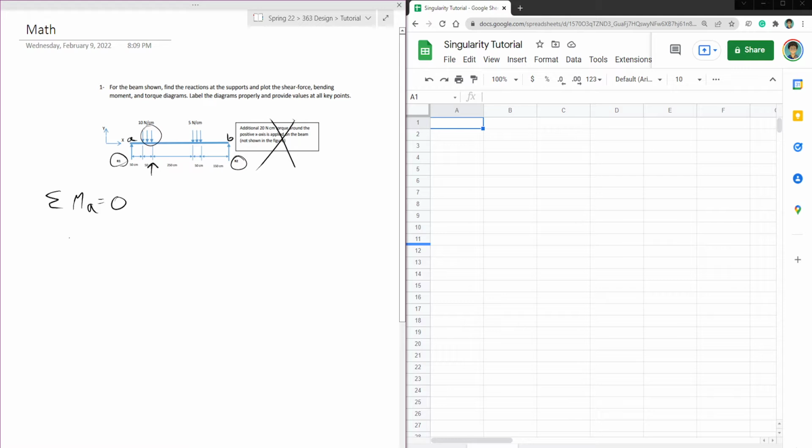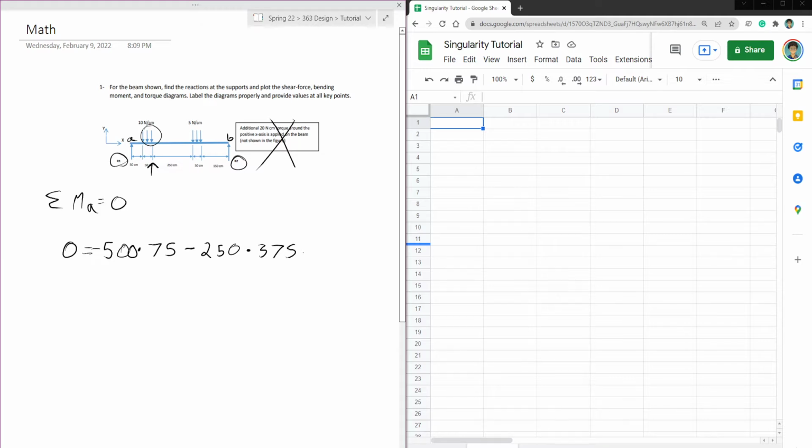So it will be 0 equals 500 times 75, because that's our distance, minus, and these are minuses, 5 times 50, so 250, and that's located at 50 plus 50 plus 250 is 350, plus 25, so that's going to be at 375.